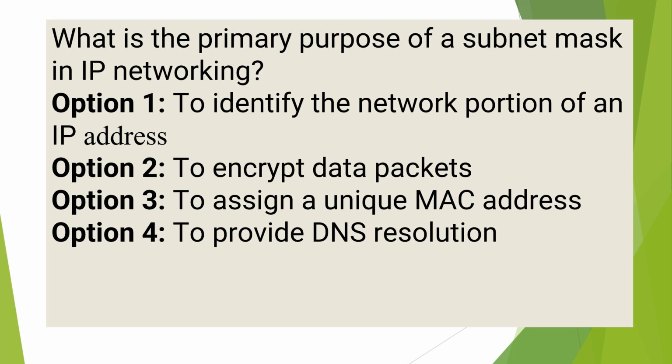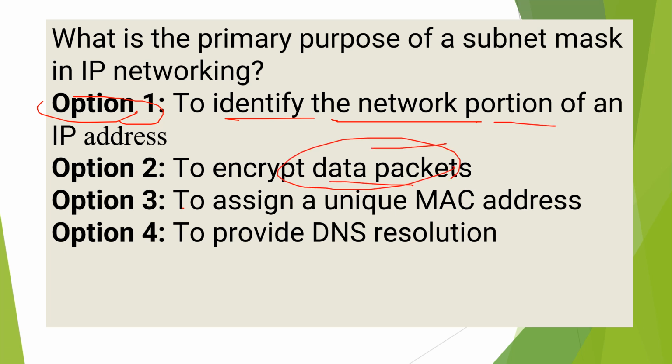Basically the subnet mask is used to identify the network. So option one is correct. Encrypting the data packet is not done by the subnet mask, assigning a MAC address is not its job, and DNS is also wrong. So the correct answer is option number one.